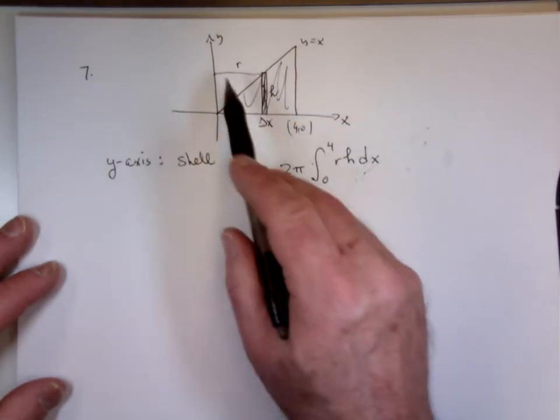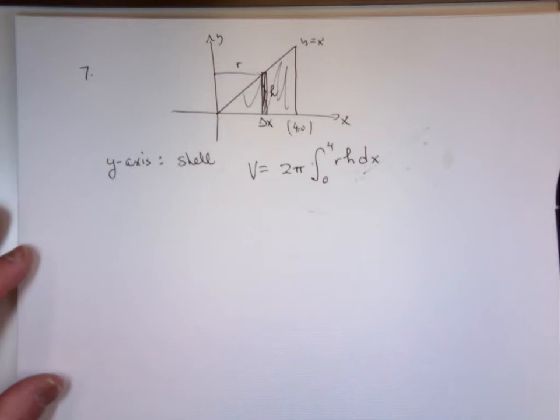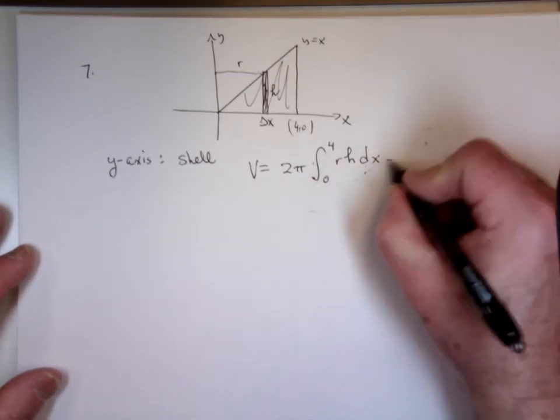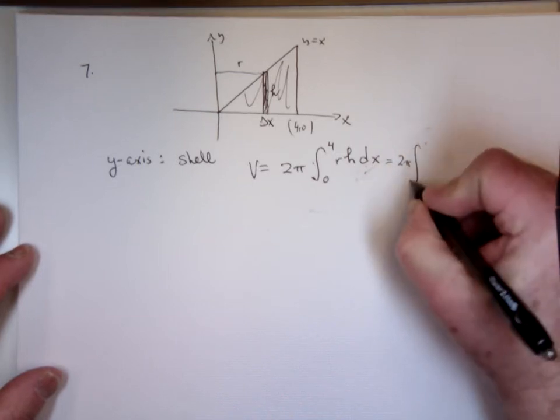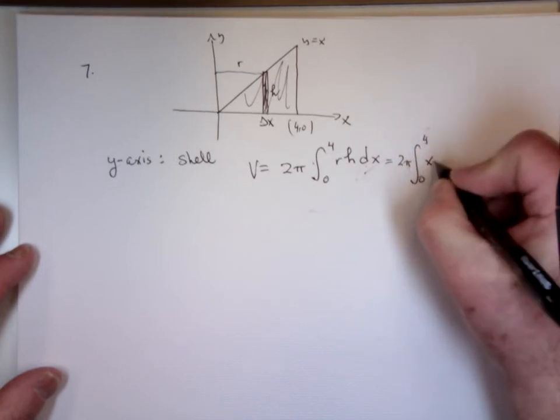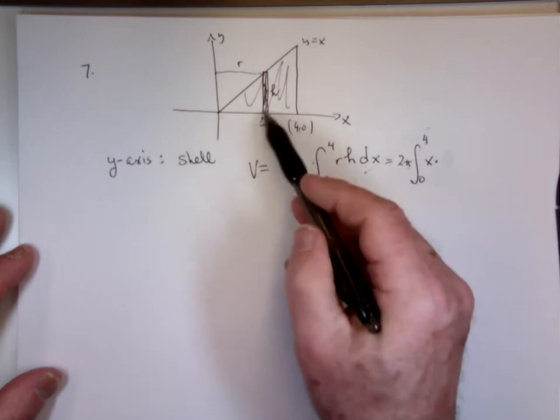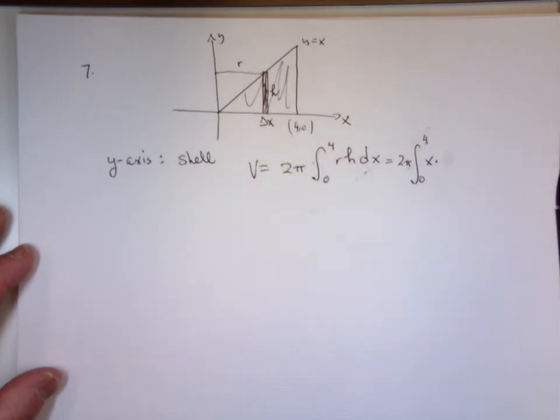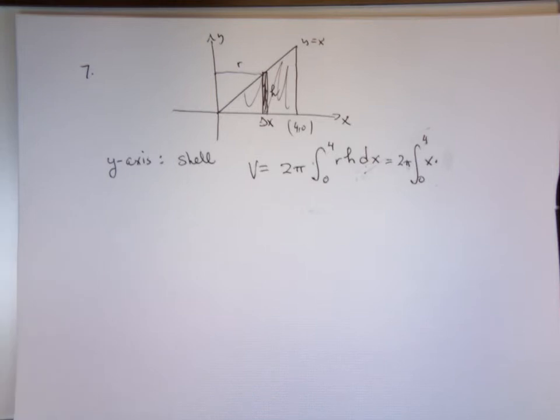What is r equal to here? The distance from the y-axis, which is equal to x. What is h? It is this height above the x-axis. What's that height equal to? x again. The height above the x-axis is y, but y is x. So we got x again.